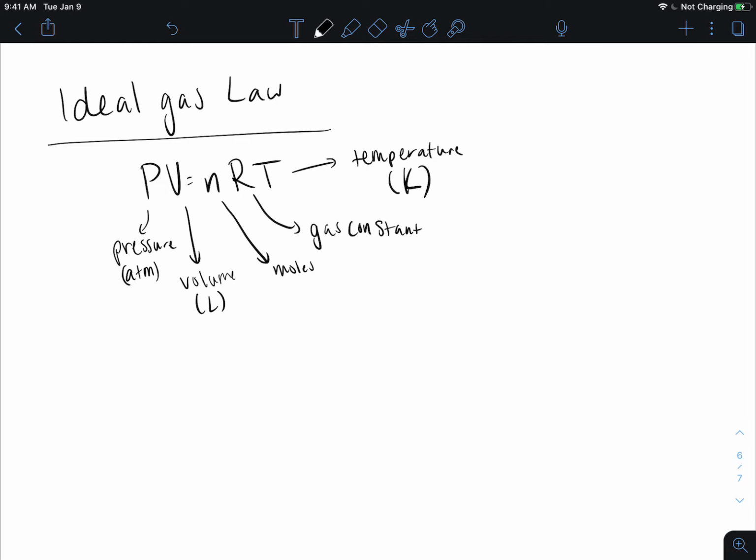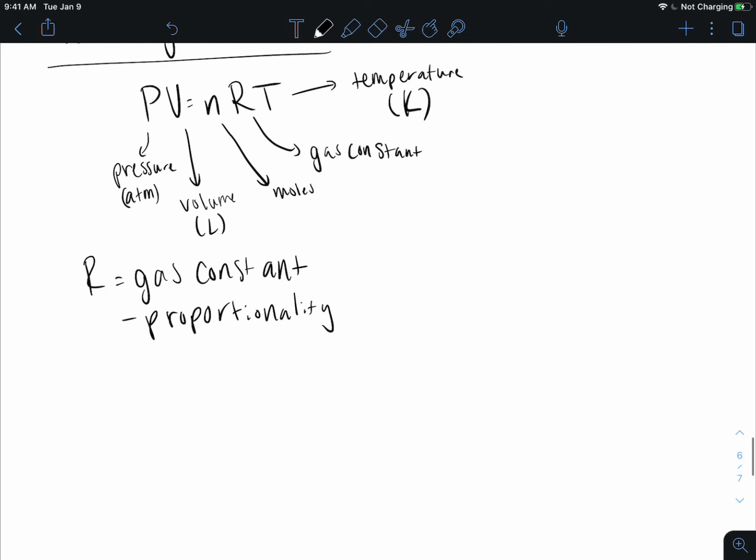So for our gas constant, the other units we use, pressure and volume namely, will be based upon what gas constant we use. So our R, our gas constant, as I said, is a proportionality constant, meaning that it's going to relate all of the different variables within the gas. We have all these units, so we have to have something that's going to relate them all.